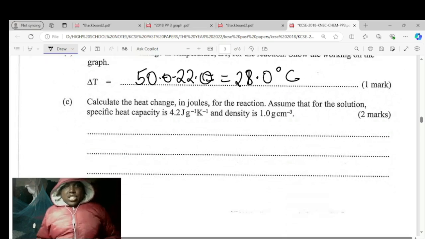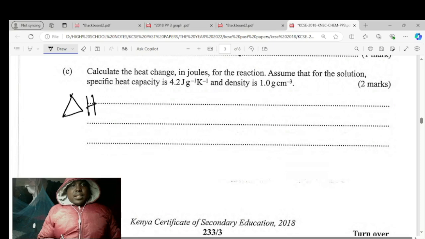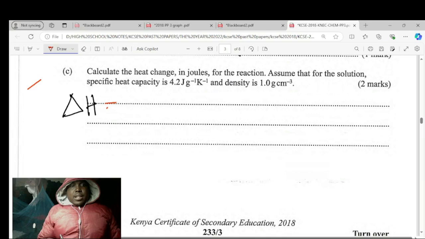Calculate the heat change. The heat change is equal to capital M, mass of the solution, times specific heat capacity, times temperature change.